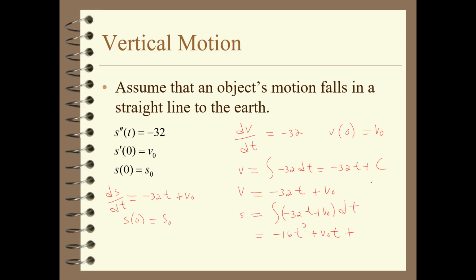You really shouldn't use another c, so I'll call this one c1, and I'll call this guy c2. But we know that when t is 0, the position is s naught. But if I evaluate this expression when t is 0, you just get c2. So c sub 2 and s naught are the same thing. So the position of the object at any time should be given by negative 16 t squared plus v naught t plus s naught. And that's a formula you often see in physics.